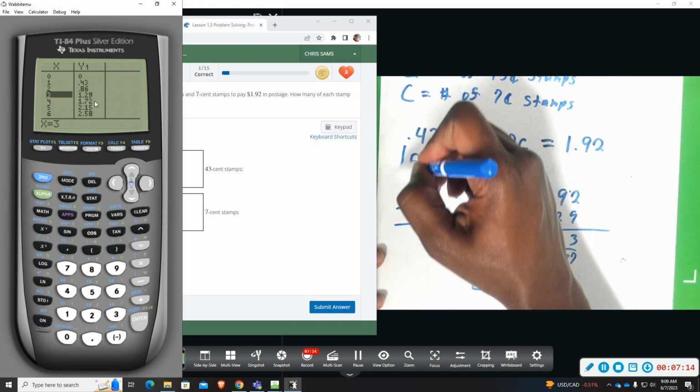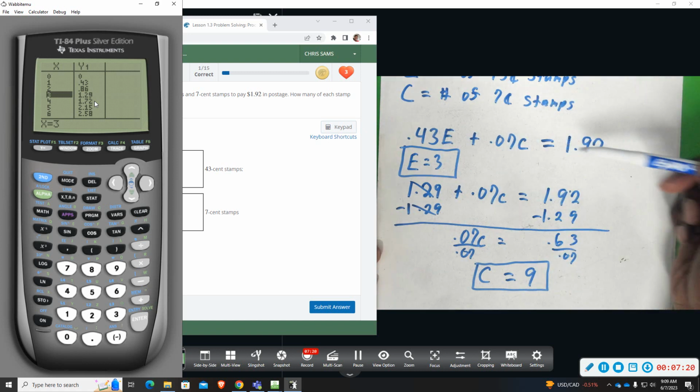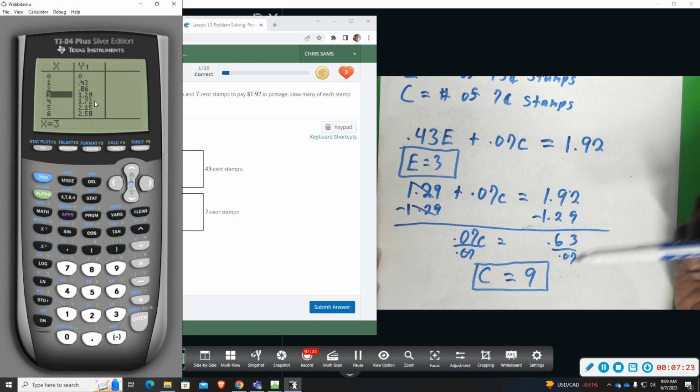So in this case, we weren't able to come up with 2 equations. So given the 1, we just use guess and check. So that's a problem solving method that you can use. So what we found out is that using 3 of the expensive stamps, so let's double check that.